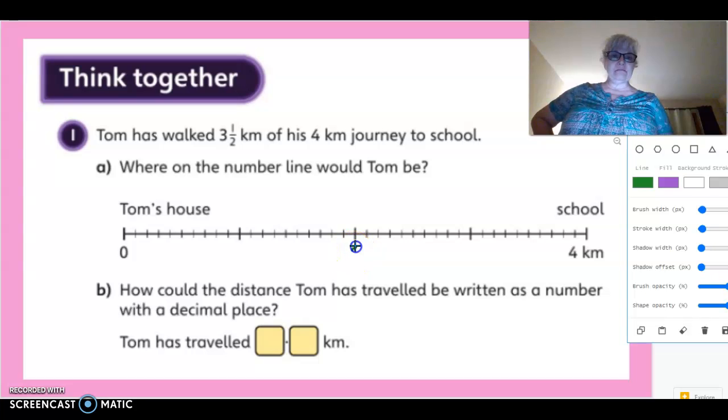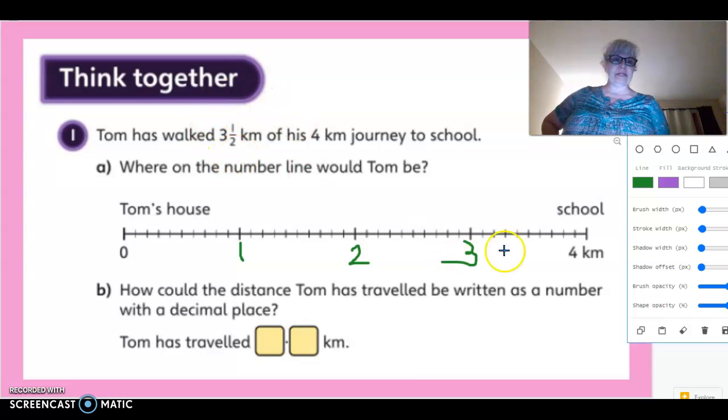This one's right in the middle, and halfway between 0 and 4 is 2. So that means this is 1, and this is 3. All right, so he moved 3.5. So we're going to find right in the middle, right there, is 3.5.